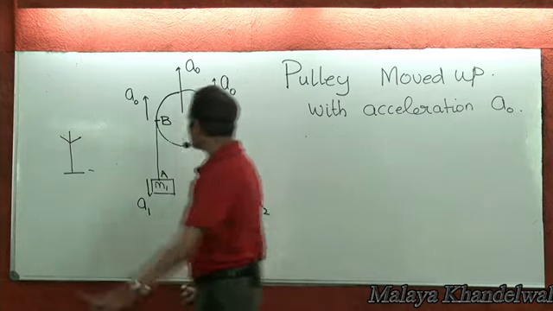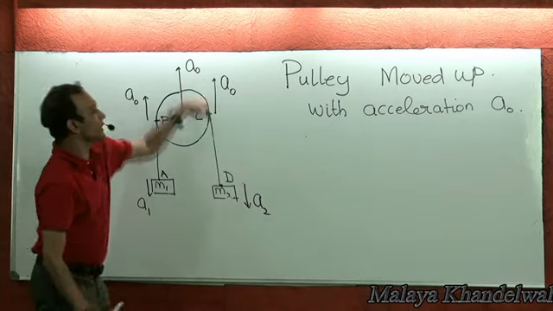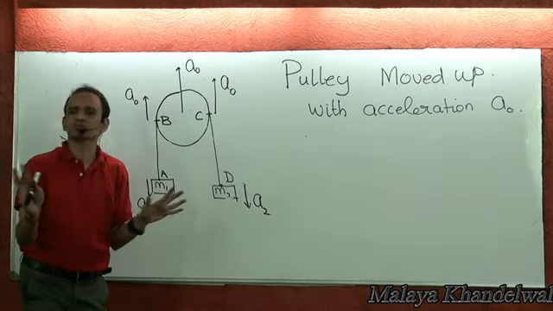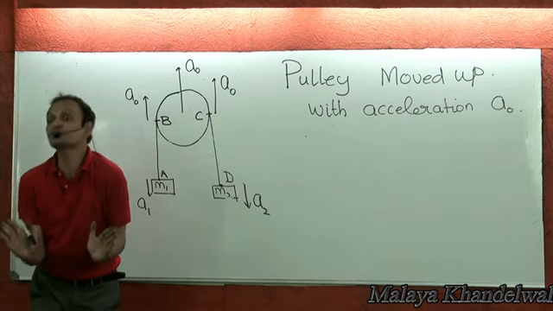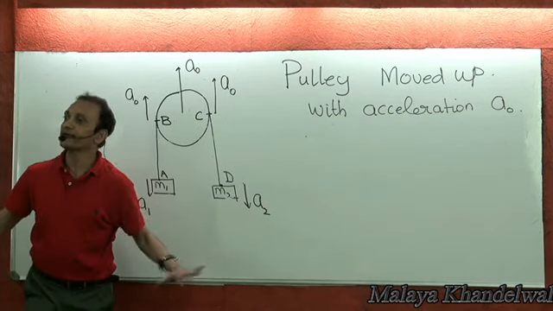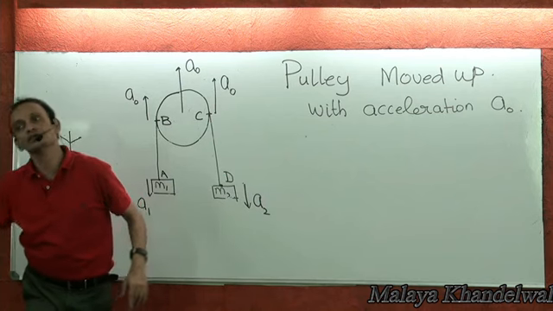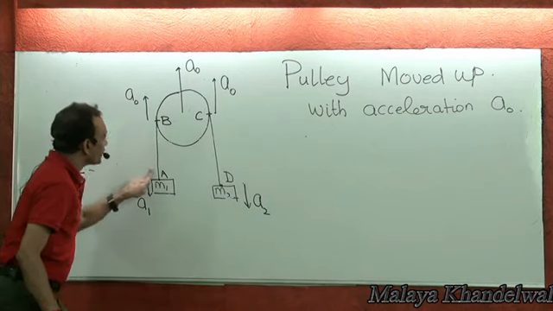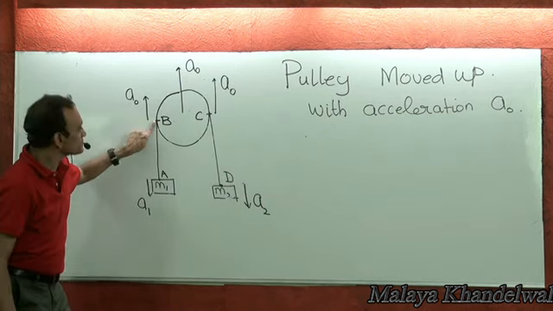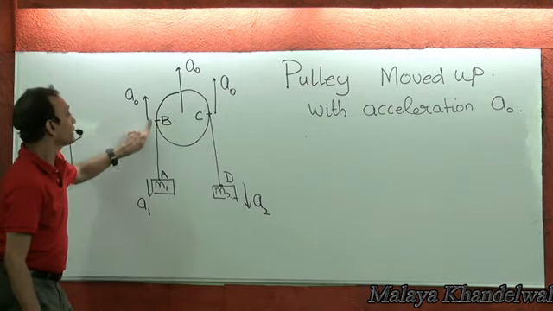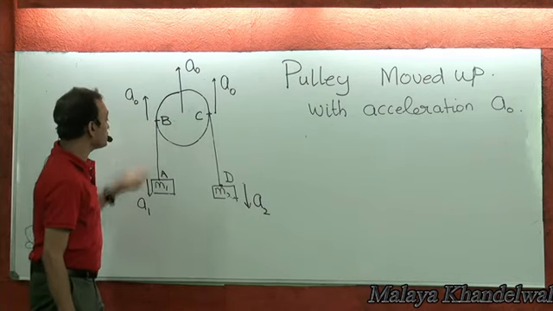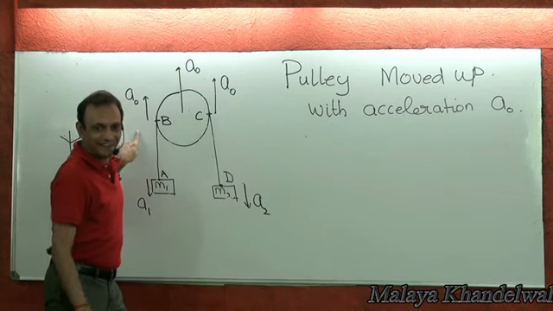Okay. So then I go this way. And I could have traversed this way also. There is not going to be an issue. I should just be consistent with my signs. Then any choice of direction of traversal is justified. So then when I go from A to B, this is my final point, this is my initial point. Acceleration of B in this direction minus acceleration of A in this direction.